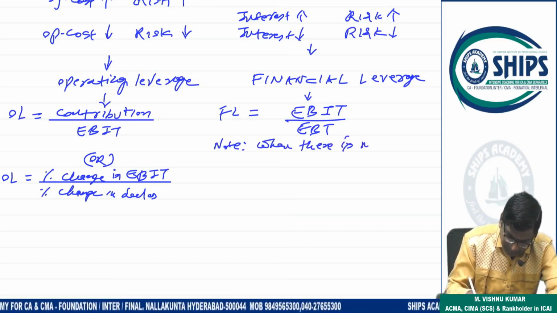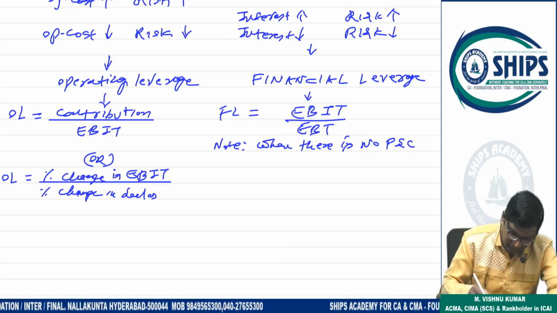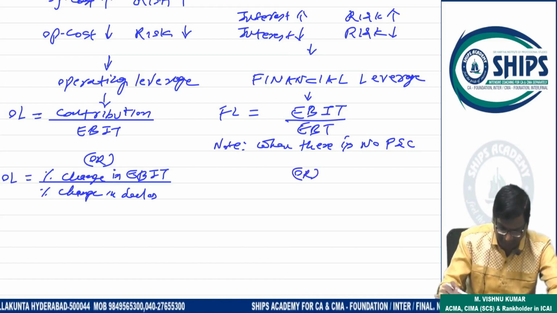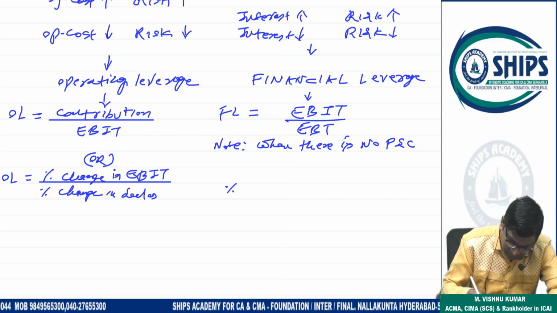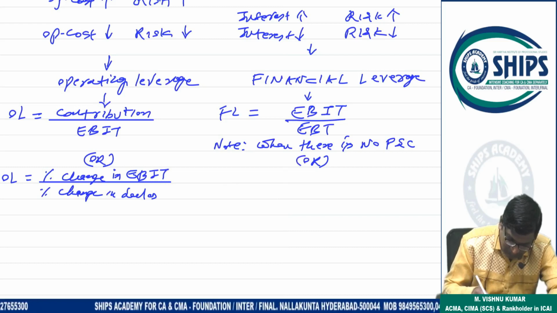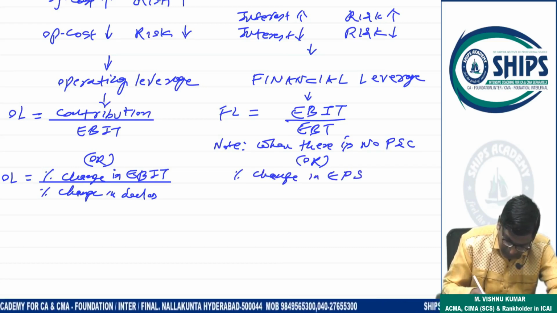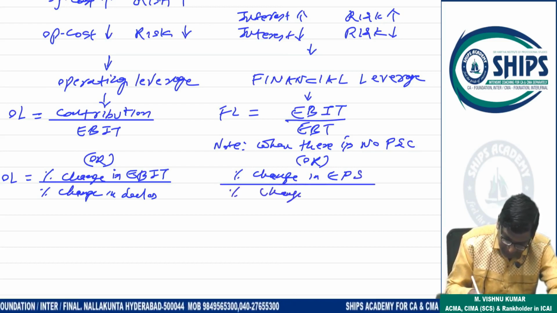Don't write anything now. And there is no preference share capital. Another formula is when there is a preference share given. What is the formula? I will explain. Next formula is percentage change in EPS divided by percentage change in EBIT.